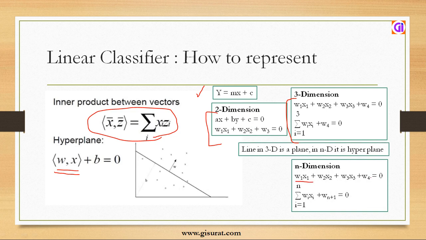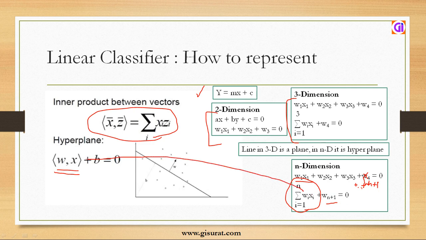w1 x1 plus w2 x2 plus w3 x3, and so on, and here wn plus 1 will come. That means for n dimensions, dot dot dot, and lastly wn plus 1. If we don't want to write so much, we can simply write the sum for i equals 1 to n of wi xi plus wn plus 1 equals 0.